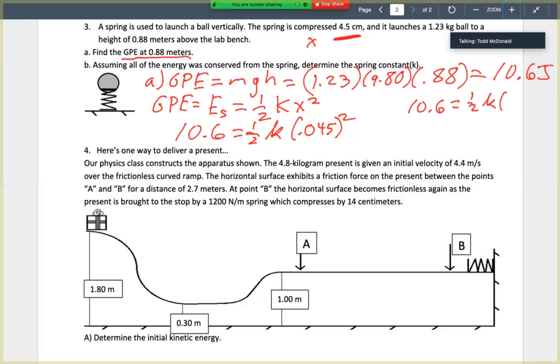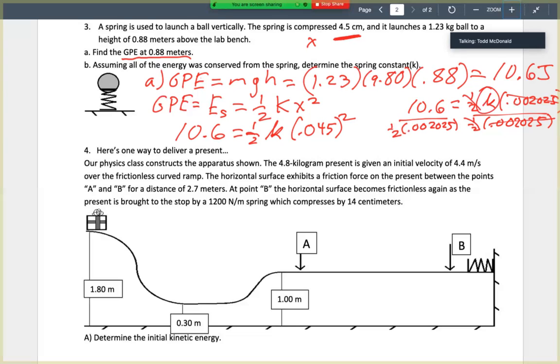That gives me 0.002025. I'm not paying attention to sig figs yet. I'm going to divide both sides by 1/2 and 0.002025. So on the right side, that cancels, that cancels. I only have k left over.